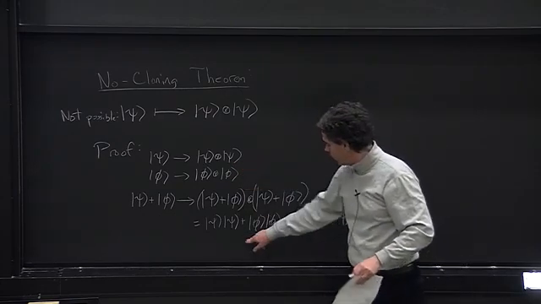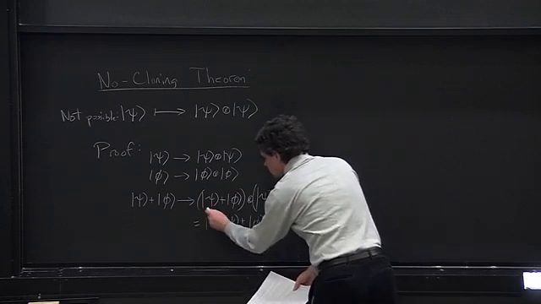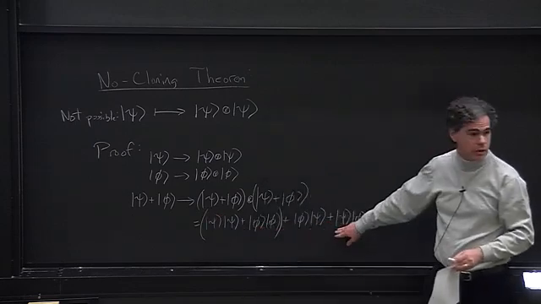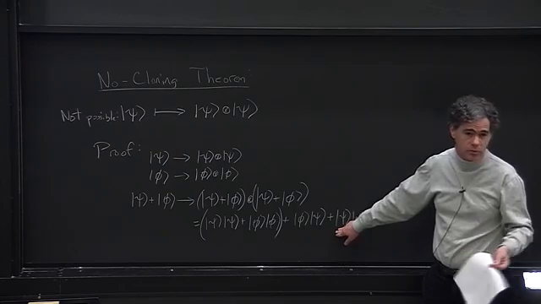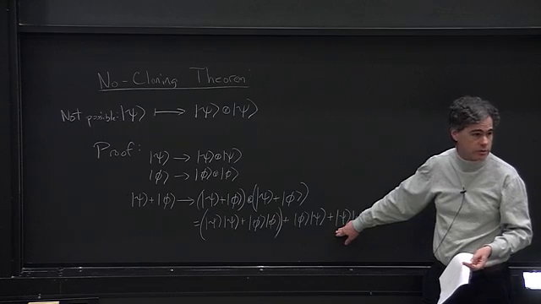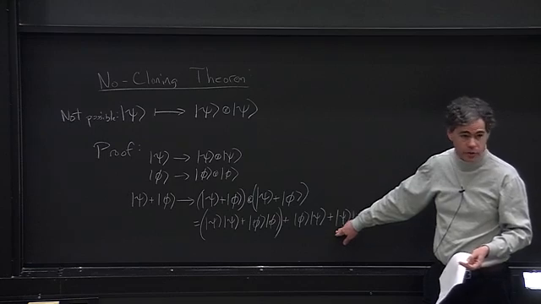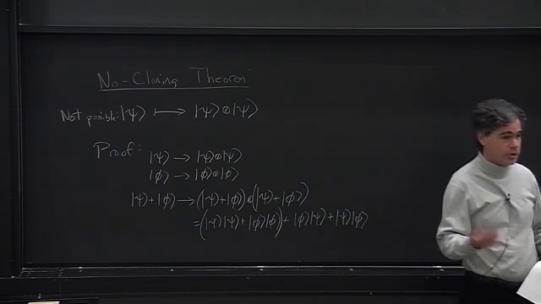Now, the sum of these two things is this part here. And you see we have some extra terms that are not in general 0. And so that's a contradiction. So this machine cannot exist.